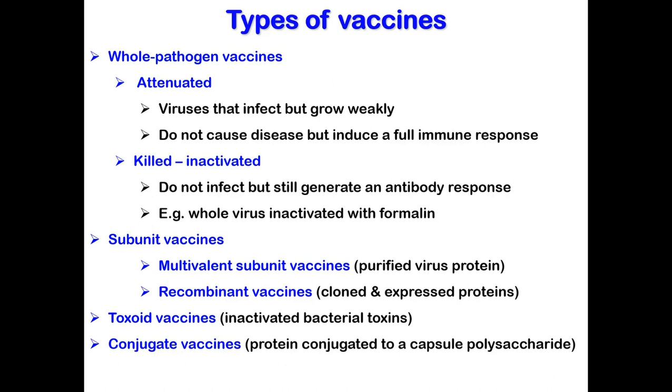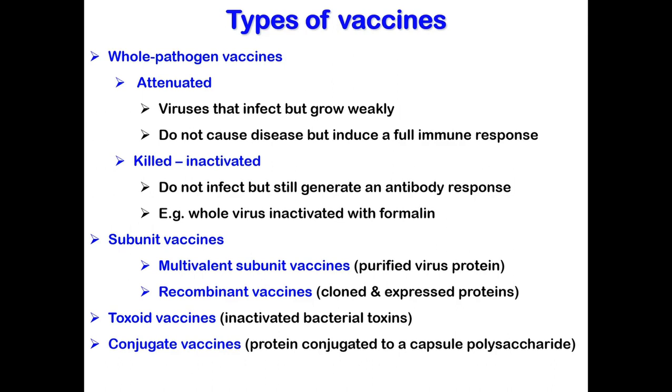So the disadvantage of this inactivated vaccine is that inactivated vaccines do not produce an active infection, and so the immune response is a lot weaker than that provoked by a live attenuated vaccine. So typically the response involves only the humoral immunity, so that's the antibody response, and the pathogen cannot be transmitted to other individuals.